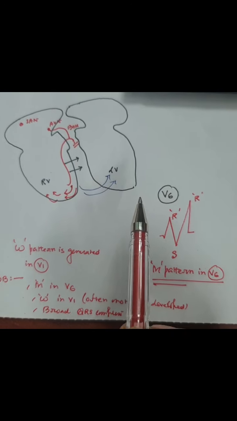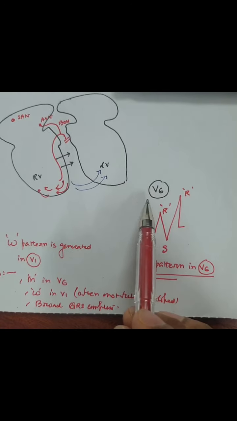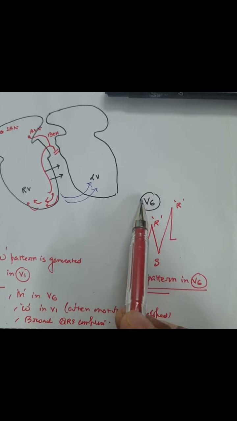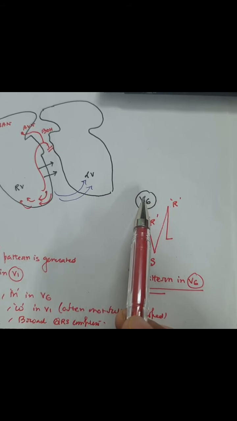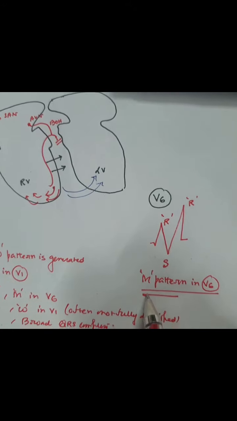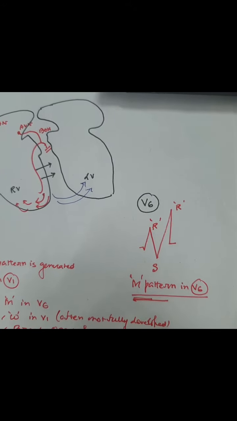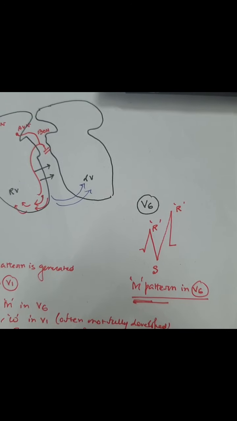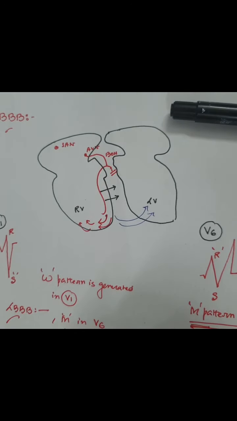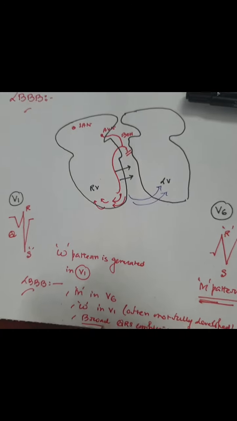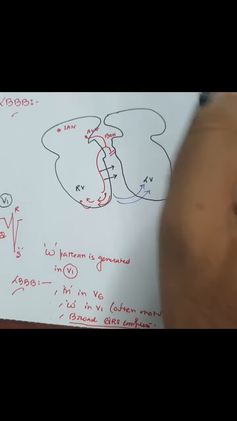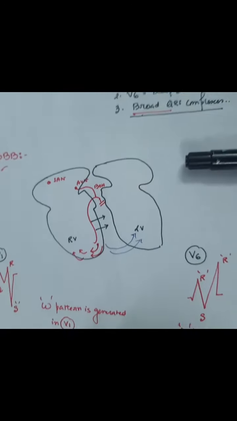The left side of the heart in the ECG is depicted best by the V6, V5 leads. So in the V6 lead of left bundle branch block, the ECG picture will show the M pattern, and in both cases there is delay in the conduction to the whole of the ventricular muscles due to absence of either the right bundle branch or the left bundle branch. So the common point is broad QRS complexes in both cases.